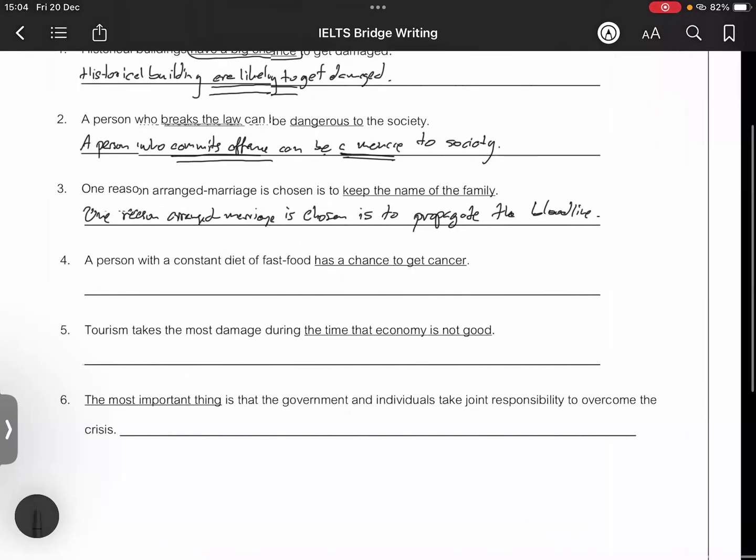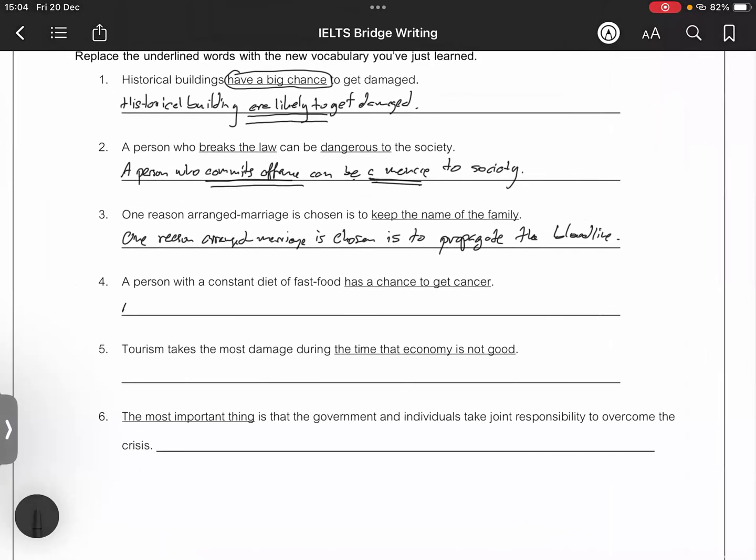So I can say here that a person with a constant diet of fast food stand a risk of getting cancer.